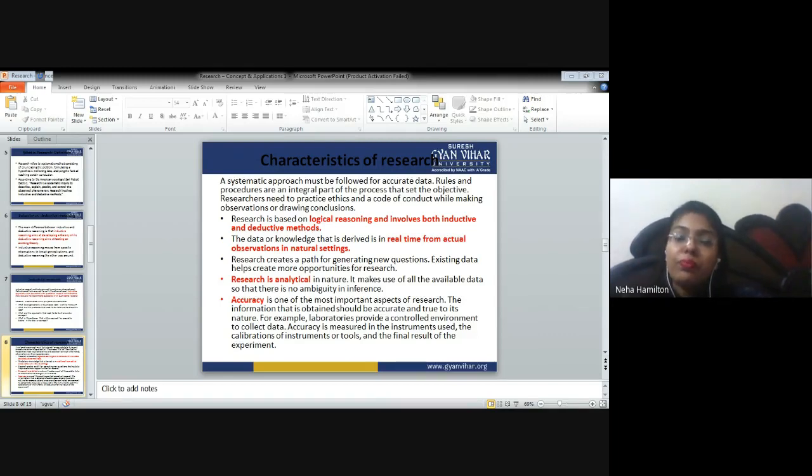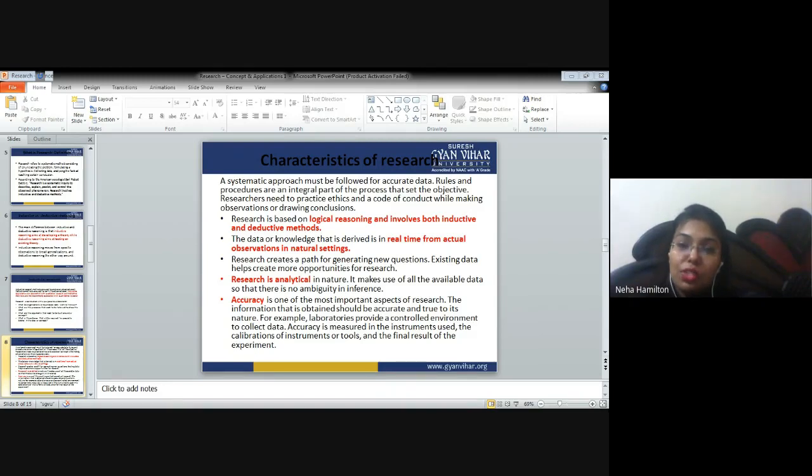So it is very important to understand the rules and procedures which are integral part of a research problem, right? A systematic approach is very important because you want accuracy in research. So that's why systematic approach is very important.